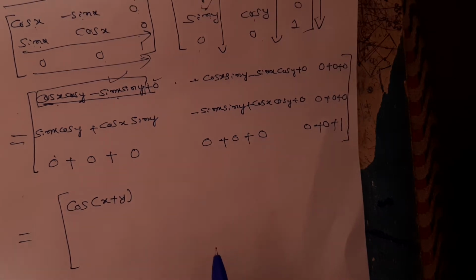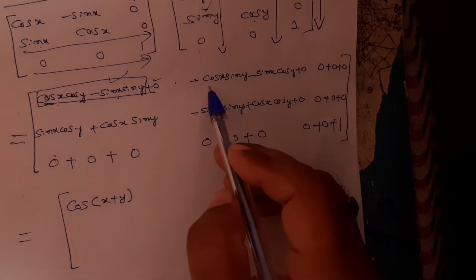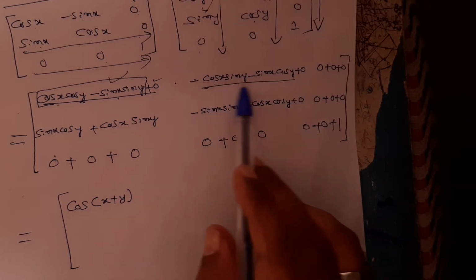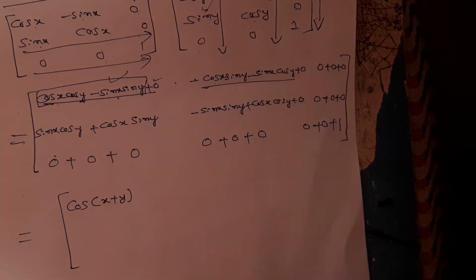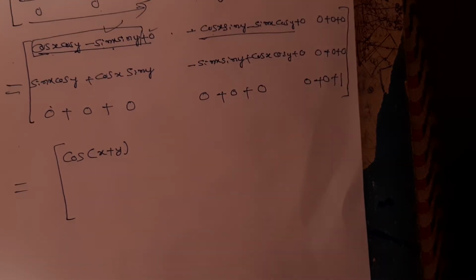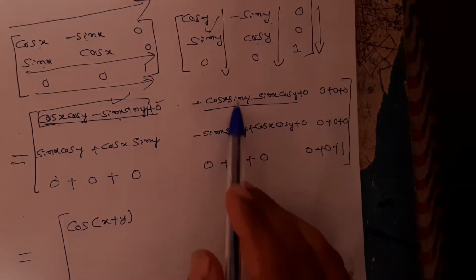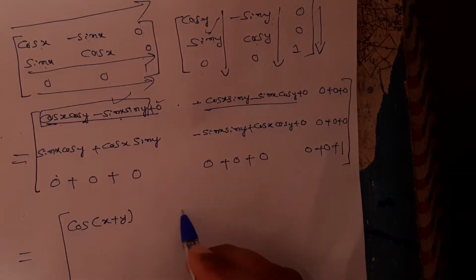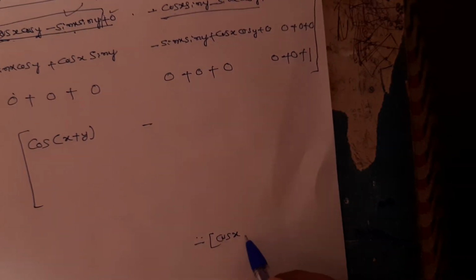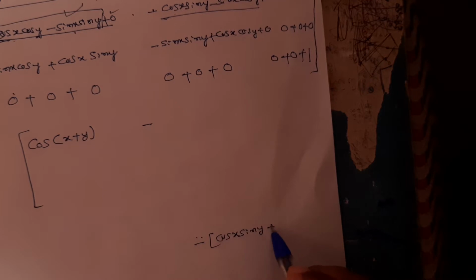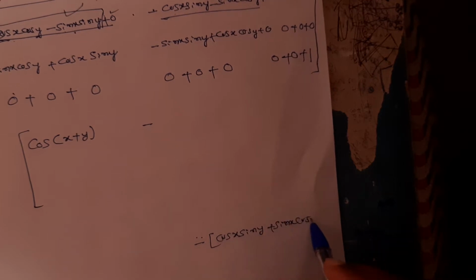Then you see this here: minus cos x sin y minus sin x cos y. If I take minus outside, I will get minus of cos x sin y plus sin x cos y.